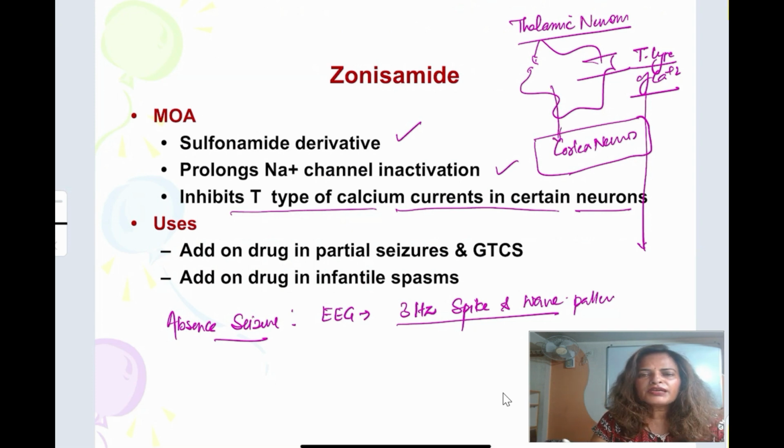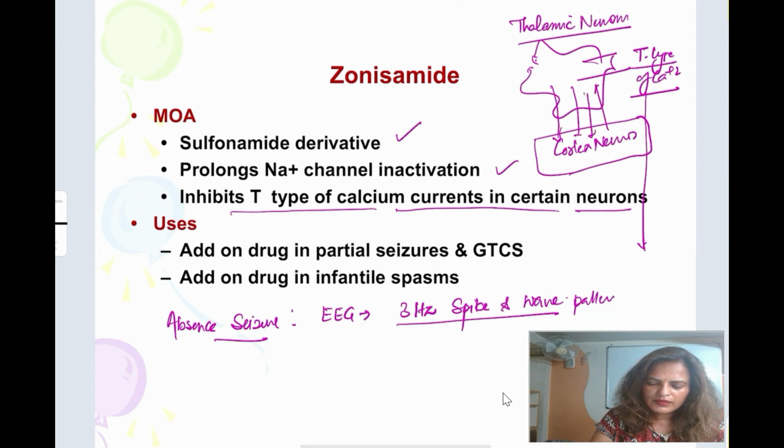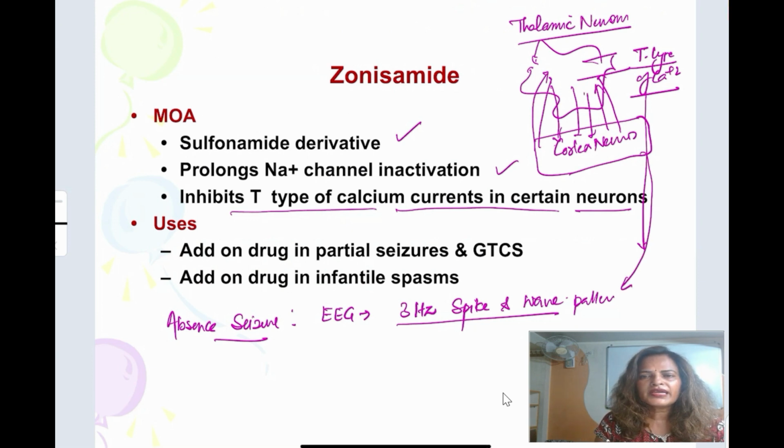Now between this thalamic neuron and cortical neuron, there is a reciprocal oscillation and activation that leads to this synchronous 3 Hz spike and wave pattern.